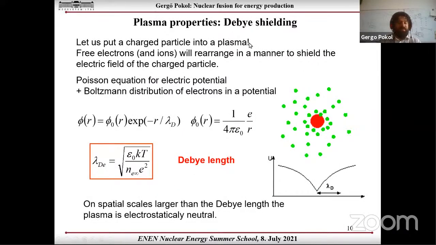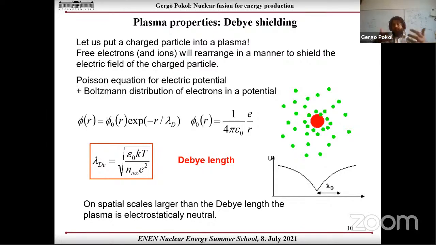There are some very peculiar properties of plasma. I won't go into details here, but it's a very nice thing that, for example, if you put a charge into a plasma, opposite charges will come a little bit closer to it, and same-charge particles will be repelled just a little bit. The end result is that from a distance, you will stop seeing the charge.